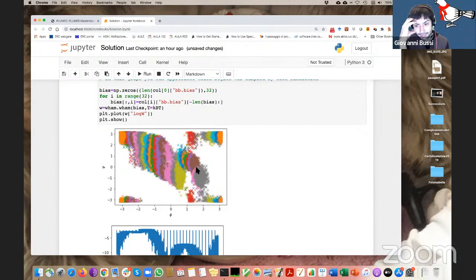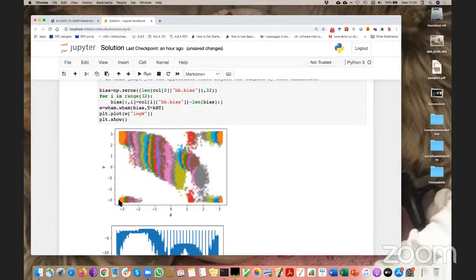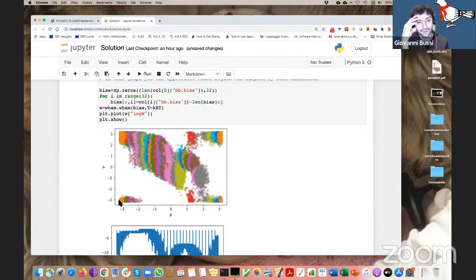It's just expensive. Clearly, if you have to place 32 simulations in this range, it's going to be 32. If you want to do 32 times 32, it scales badly: 1,000 and something, so 1,024. So it doesn't scale well.